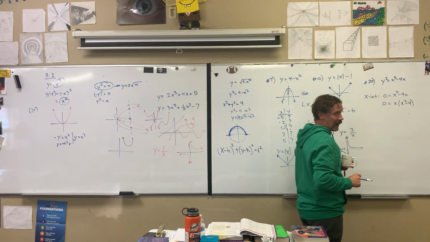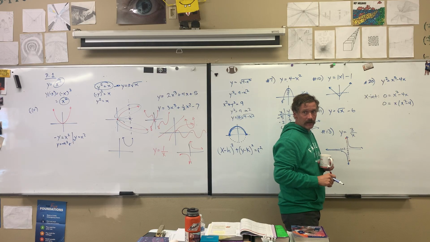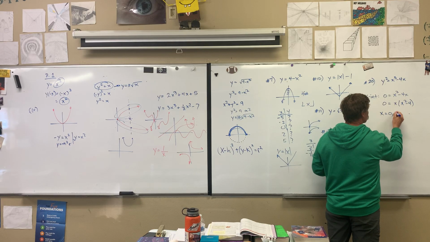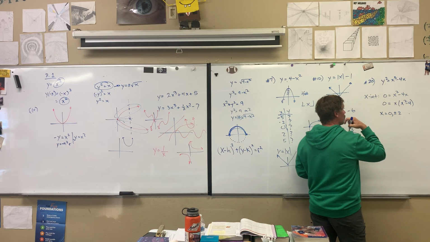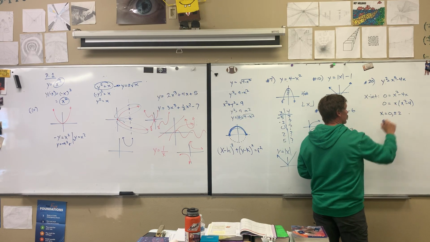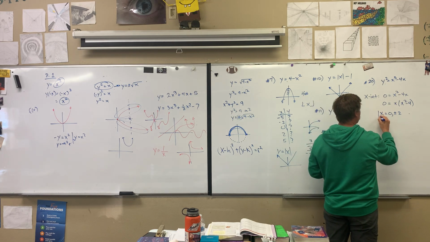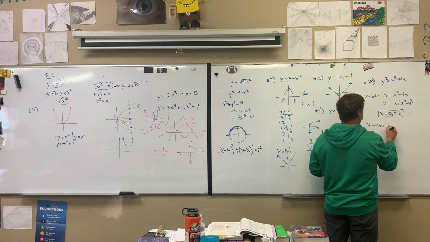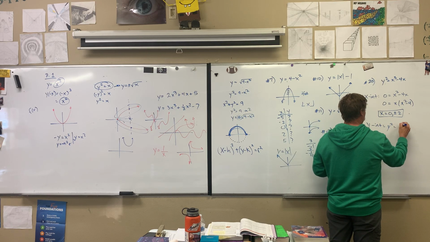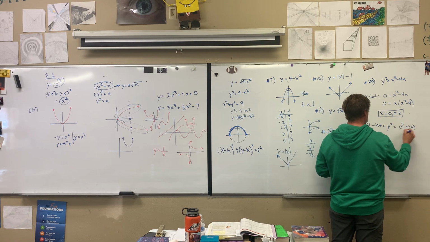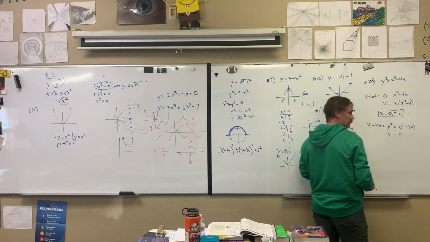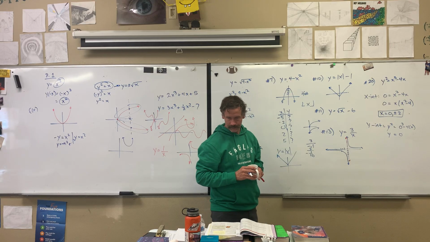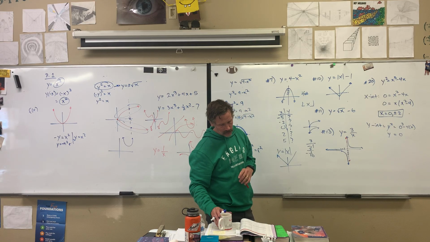So we factor it, and then what are my x-intercepts going to be? 0, 2, and negative 2. So 0 and then plus or minus 2. Very good. So there's your x-intercepts, and then to find your y-intercepts, what do we do? Plug in 0 for x. So your y-intercept is just going to be 0 for that. So that's what you would do on those.